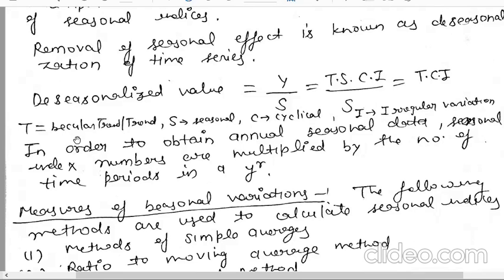T is the secular trend or trend value, S is the seasonal value, C is the cyclic value, and I is the irregular variation, right? In order to obtain annual seasonal data, seasonal index numbers are multiplied by the number of time periods in a year, right?